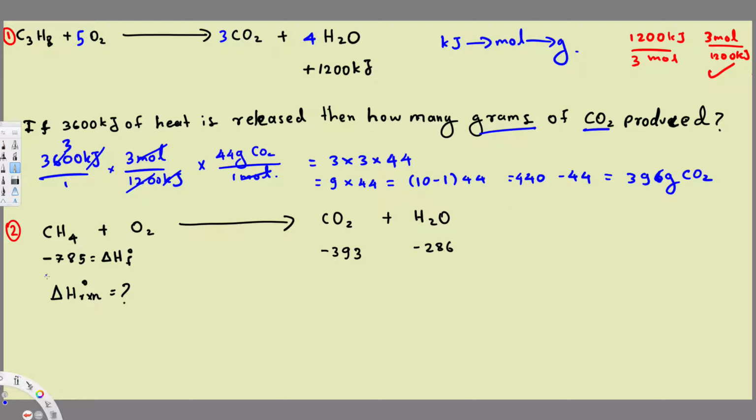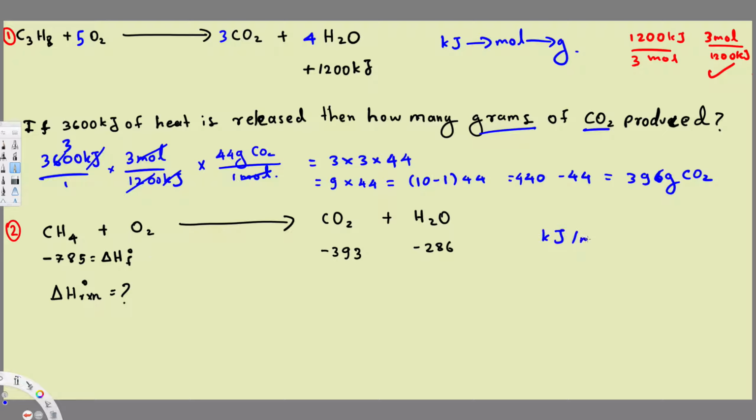Let's look at the second question. The second question is asking to calculate the delta H, the enthalpy of formation of the reaction. Here they have given the enthalpy of formation for each of these molecules, and this is supposed to be in kilojoule per mole, right?